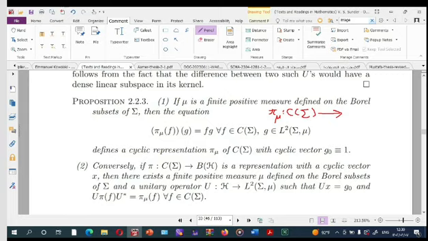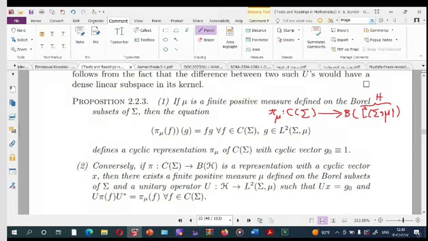This representation is from C of sigma to B of one Hilbert space. We consider the Hilbert space L2 of sigma and mu, because we know that L2 is a Hilbert space.